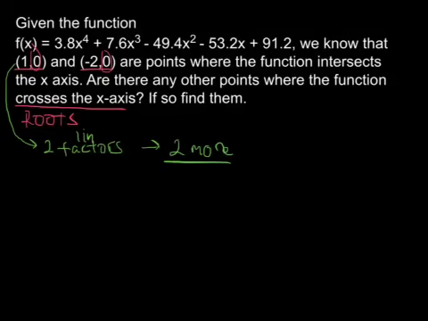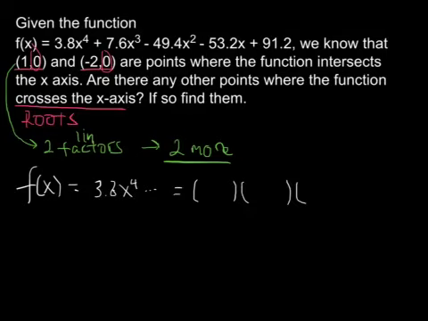Because in order for us to get a fourth degree polynomial, we know that we need to split it up into 4 linear factors. So at this point, we know that our function, 3.8x to the fourth, and I'm not going to write the whole thing out, can be made up of 4 linear factors.